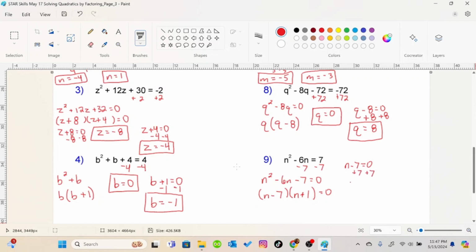Add 7 to both sides, and our first answer is n equals 7. Then we take the second factor, n plus 1, and set it equal to 0. We subtract 1 from both sides, and we get our second answer, n equals negative 1.